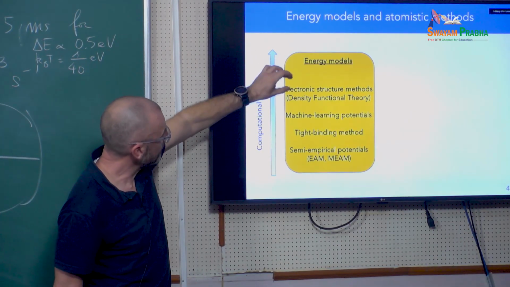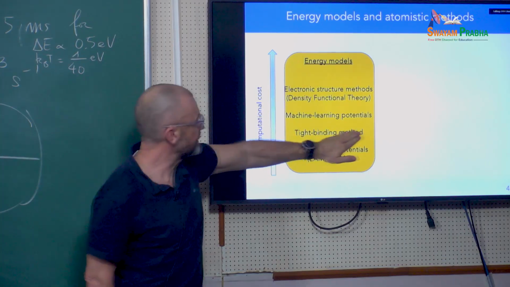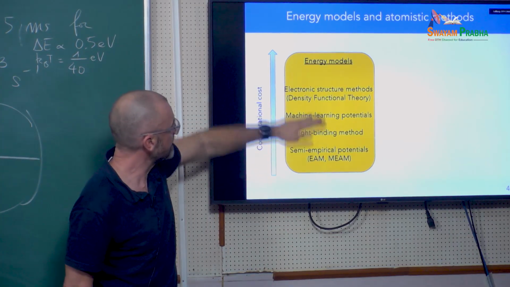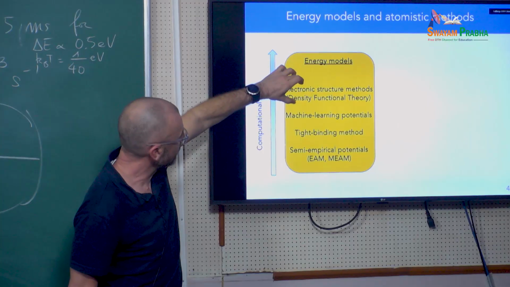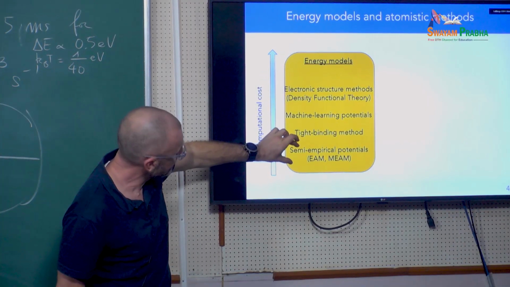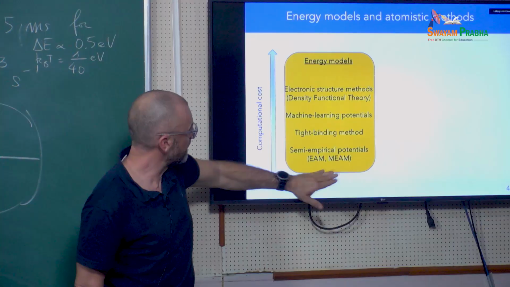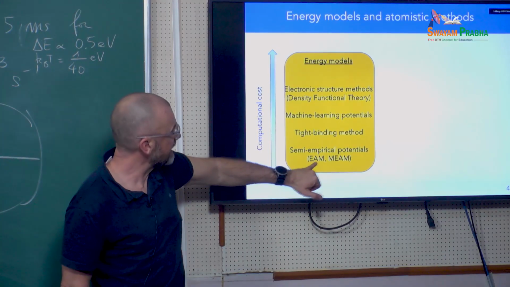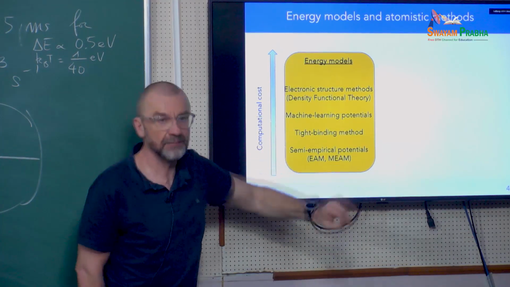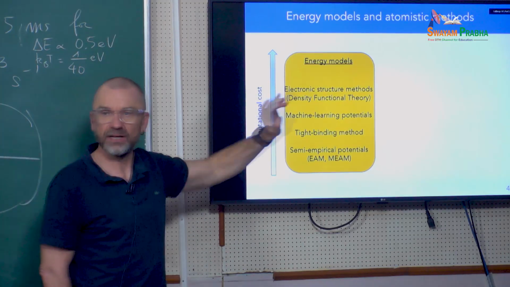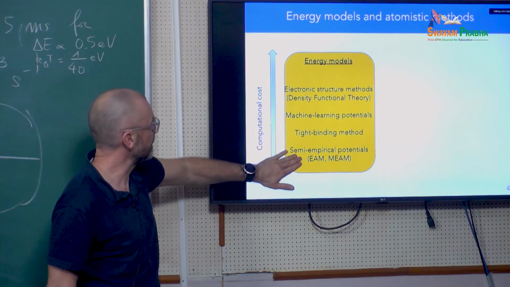Then for a long time, and this is historical and not really used nowadays, we had either this or we had that, which are the semi-empirical potentials: the embedded atom method potential or the modified embedded atom method potential. I will say a word in two slides about them.